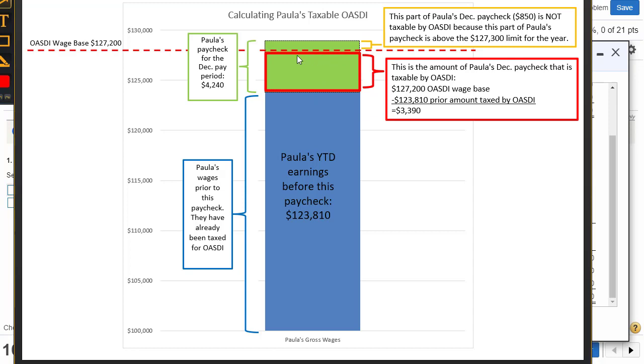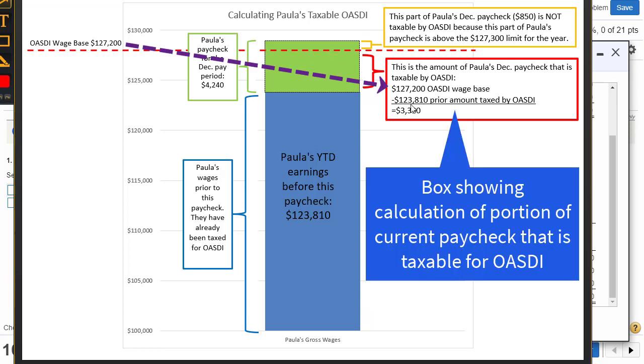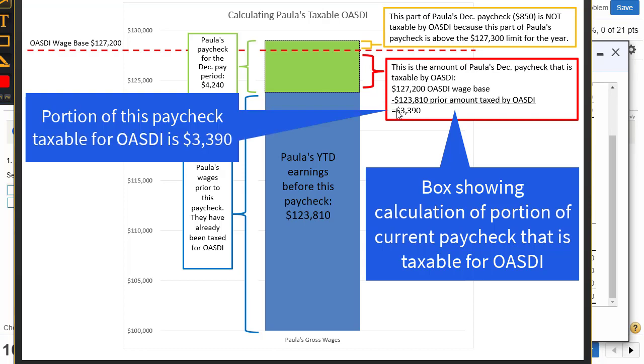So how do we do that? We're going to take $127,200, which shows right here, and subtract her prior amount that was taxed by OASDI, which is $123,810, which is this. So the amount that is taxable, in other words, from here to here, represented by this bracket, is $3,390. That is the amount taxable.